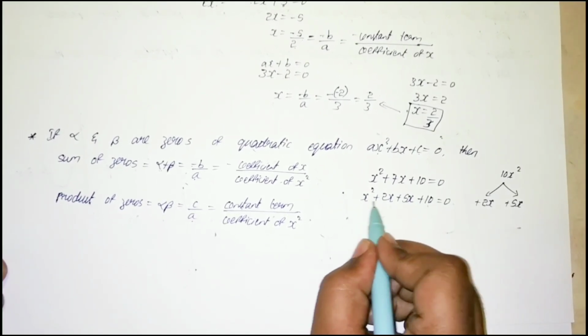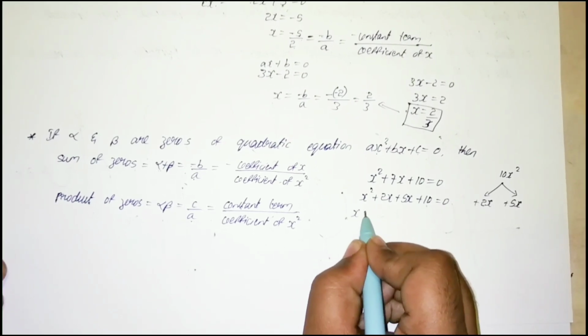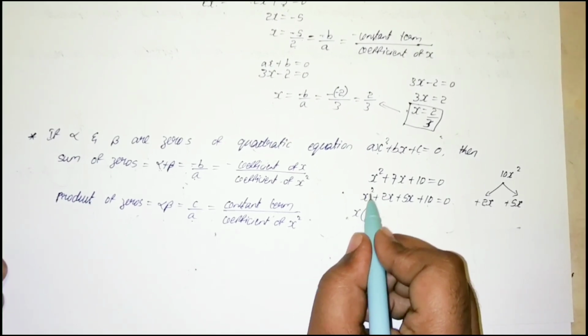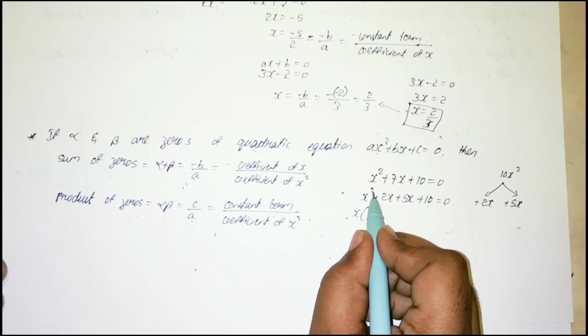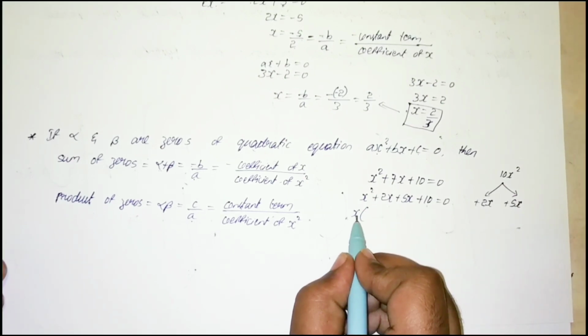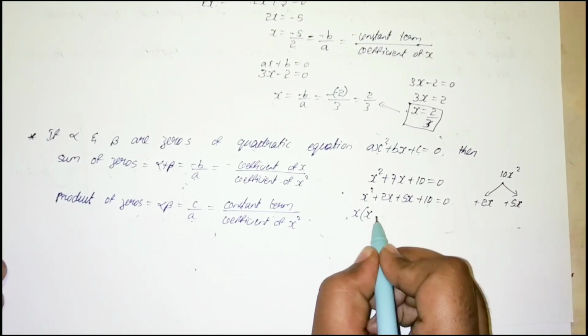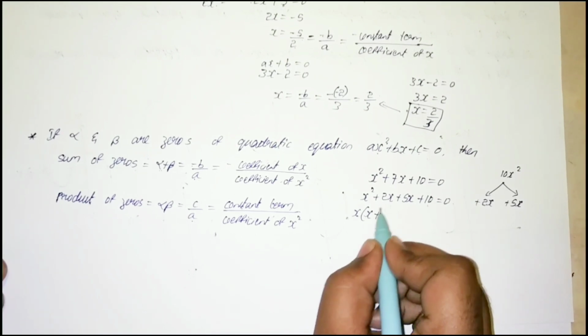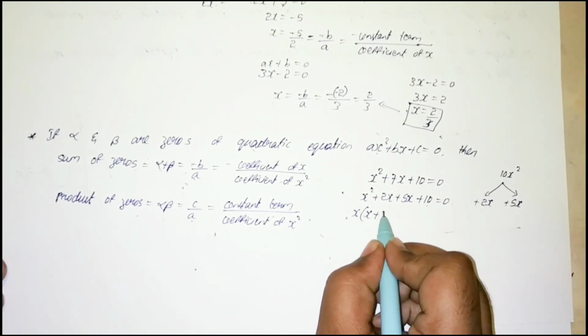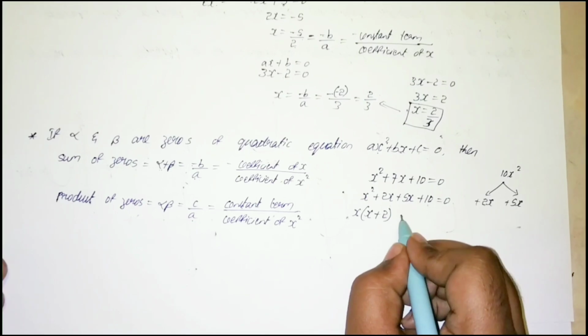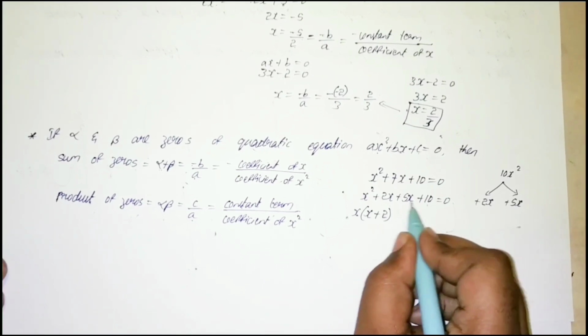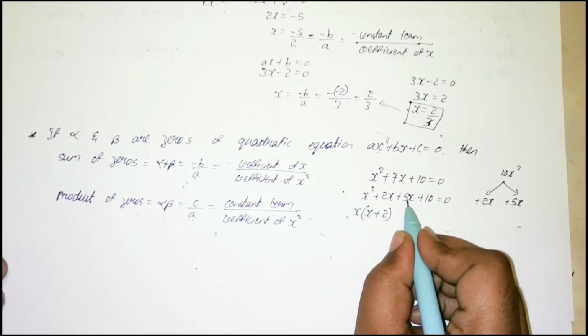So what is common in the first two terms? X, right? So what is remaining here? Here x to the power 2 is there, so we have x, and then 2x. If we write 1x outside, then the remaining is x plus 2. Next, what is common in these two terms? Plus 5, right?